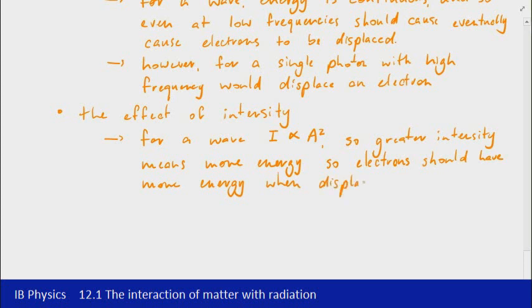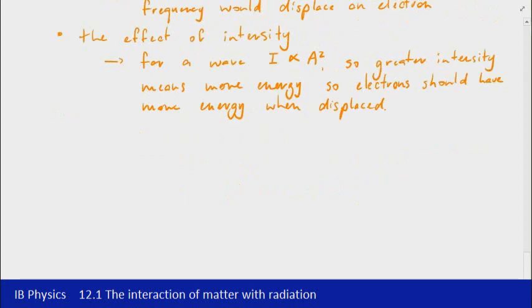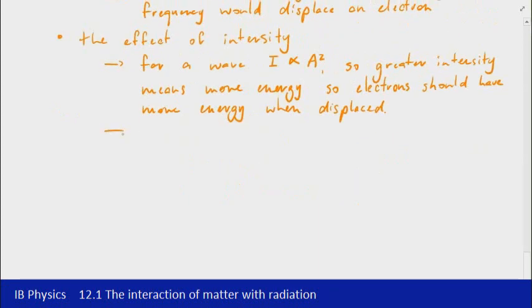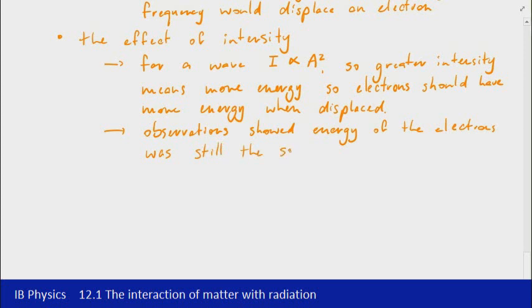Instead, what was observed is that the maximum energy of the electrons was still the same for a greater intensity, but there were more of them.